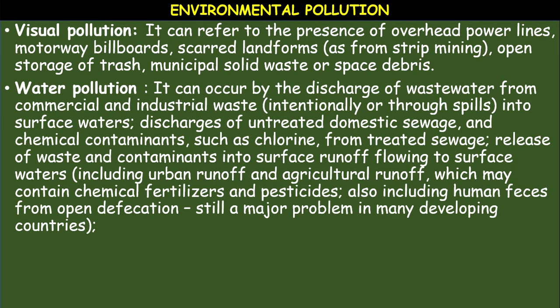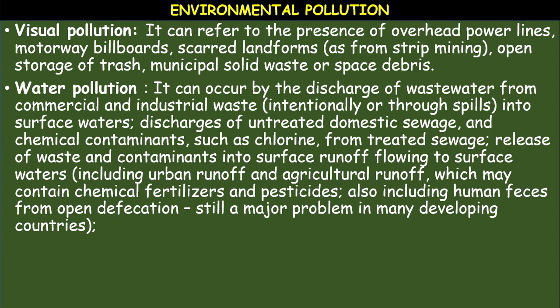Water pollution. It can occur by the discharge of wastewater from commercial and industrial wastes, intentionally or through spills into surface waters. The discharges of untreated domestic sewage and chemical contaminants such as chlorine from treated sewage, release of waste and contaminants into the surface runoff flowing to surface waters.